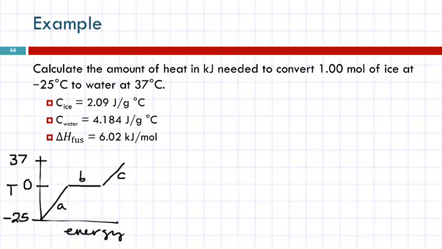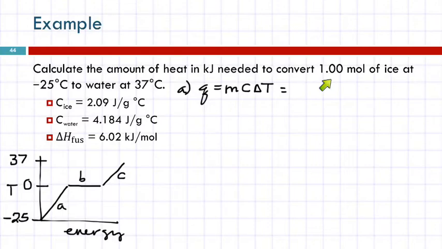So for A, what I've got going on there is solid water being heated. It's going from minus 25 to 0. A temperature change. We're going to use Q equals MC delta T. Well, what's the mass? They didn't give it to us.